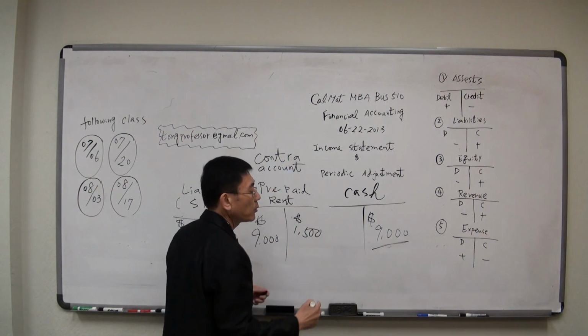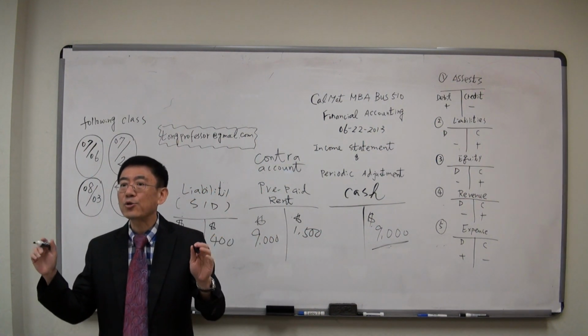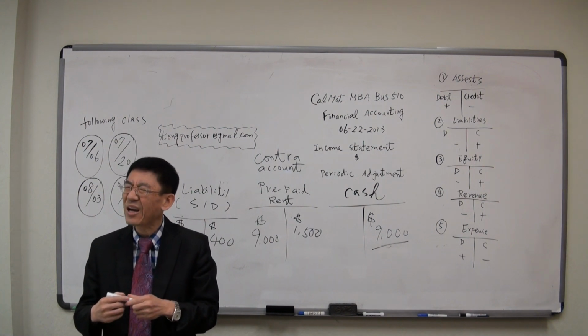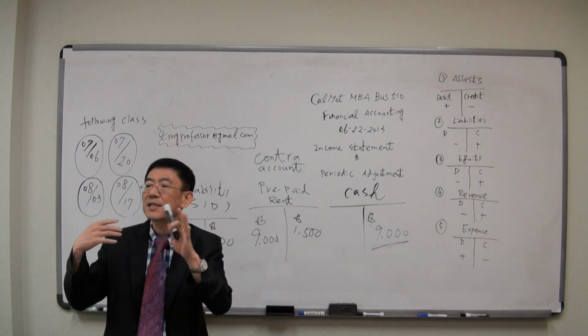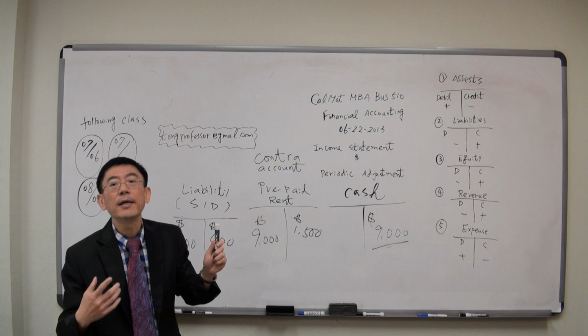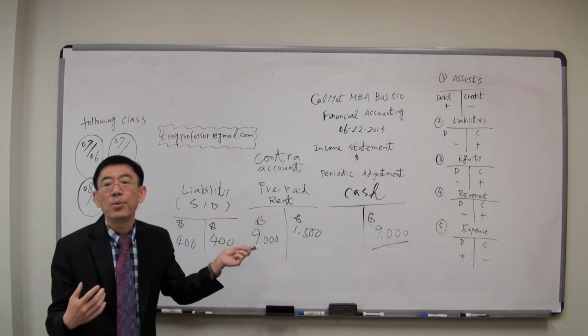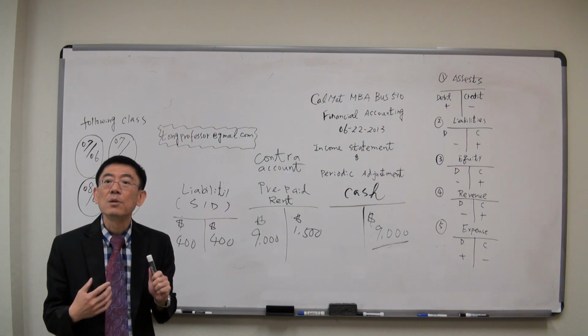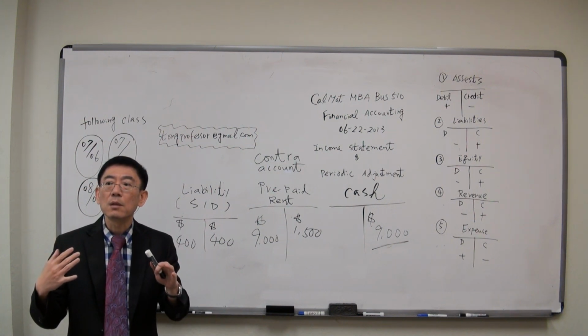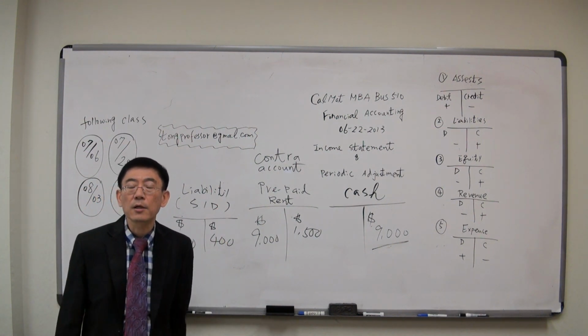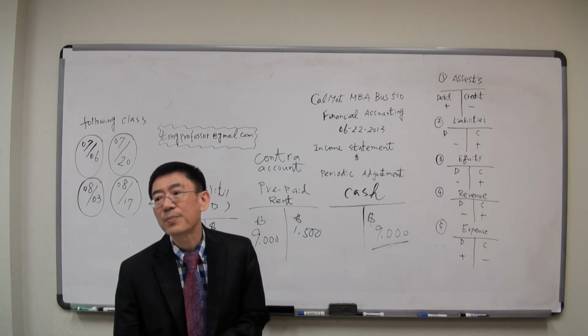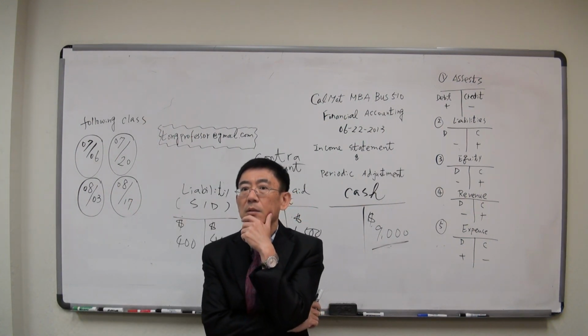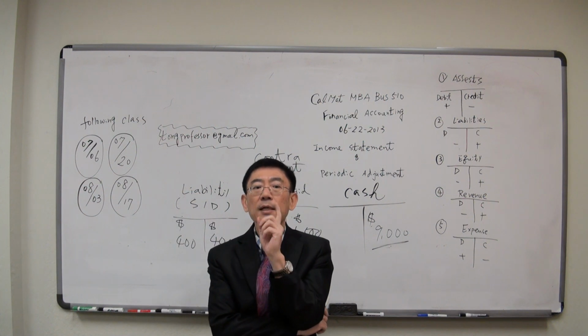Yes, I know your concept is on the right track, but I still highly recommend you follow my 3-step analysis. So you want to credit the prepaid rent account by 1,500. How about the other account to match this? It must be on the debit side, with the same amount.